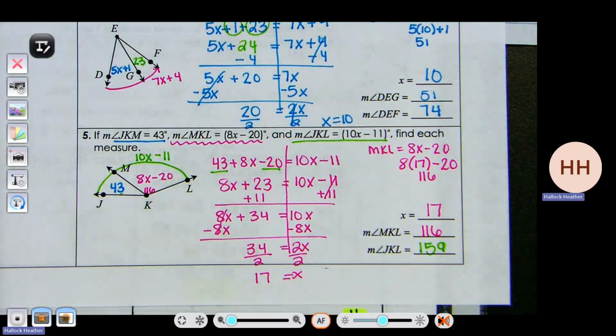Okay, so try to set up number 6. Last problem we're gonna do together. So flip your paper, try number 6, put your information in your picture.